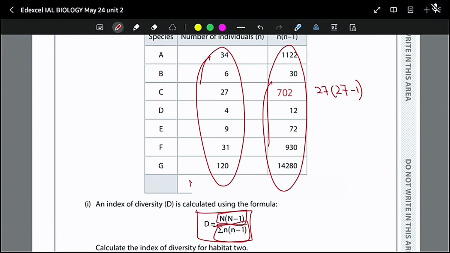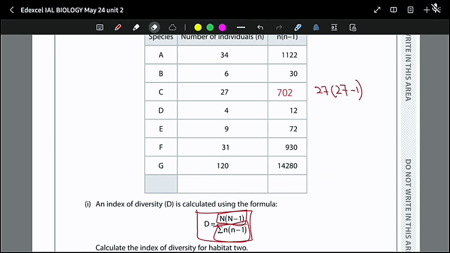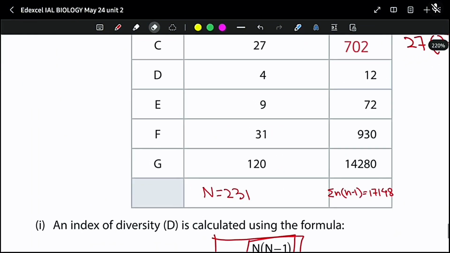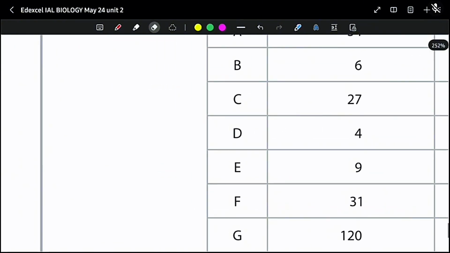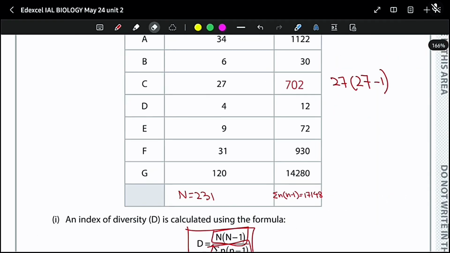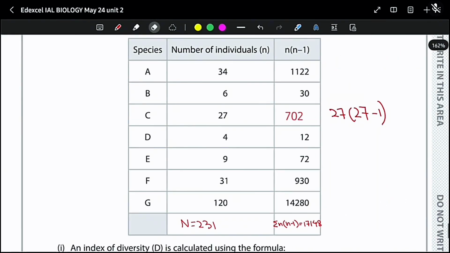So if we do it, this capital N should be 231, basically the summation of the whole thing. Summation of all of them comes as 231.